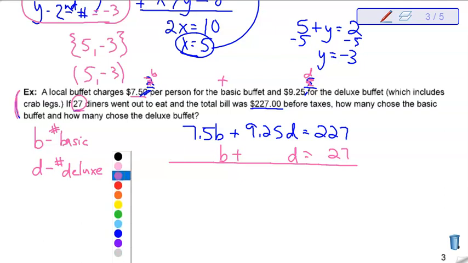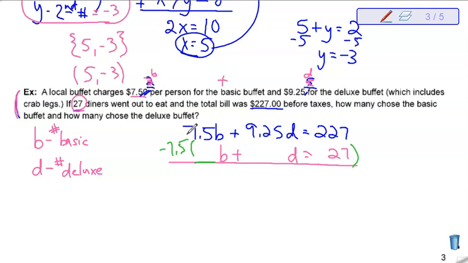Now, in order to solve that system, it's going to be very nice. You can do it by elimination. This is one that could possibly be a nice one by substitution. But I'm going to do it by elimination because I'm going to use the smaller one. If I could have a negative 7.5 right here, then I would be able to get a variable that is eliminated.